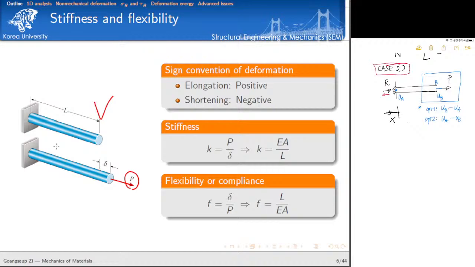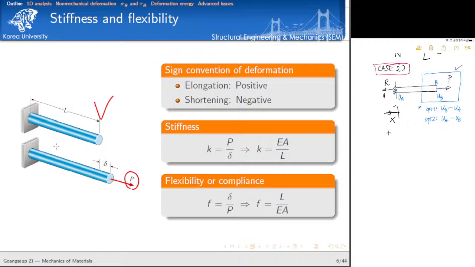But here the load P is already given in this direction, but the direction of reaction is not given yet. Because it is an unknown reaction, we assume the direction of the unknown reaction follows the direction of the coordinate system.